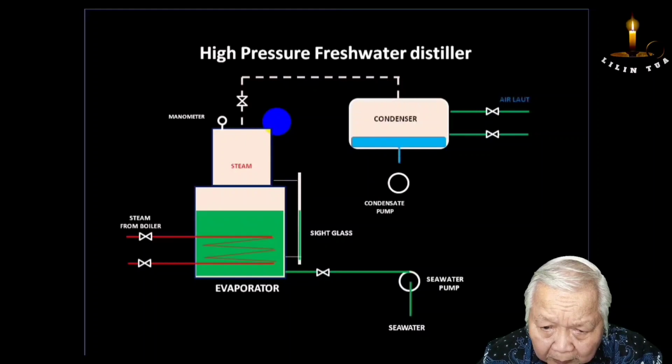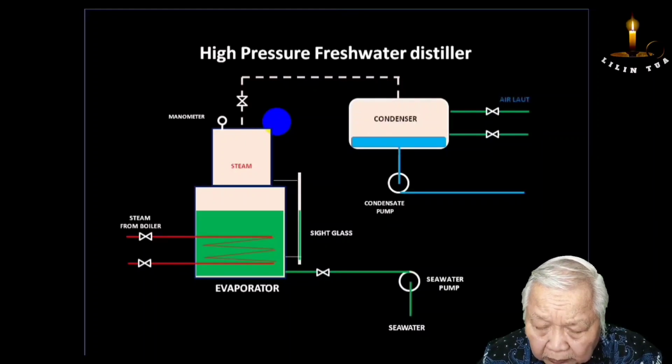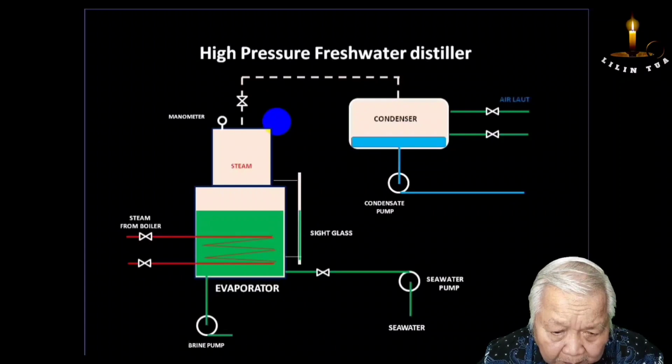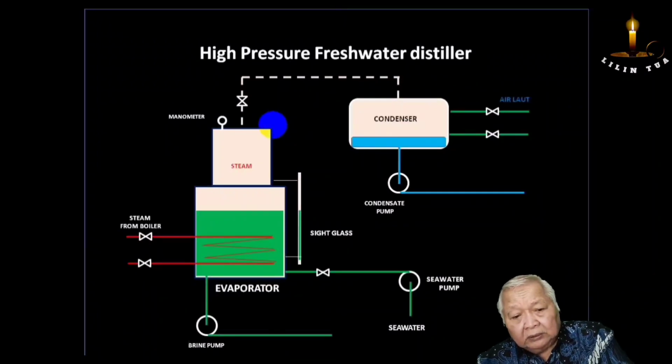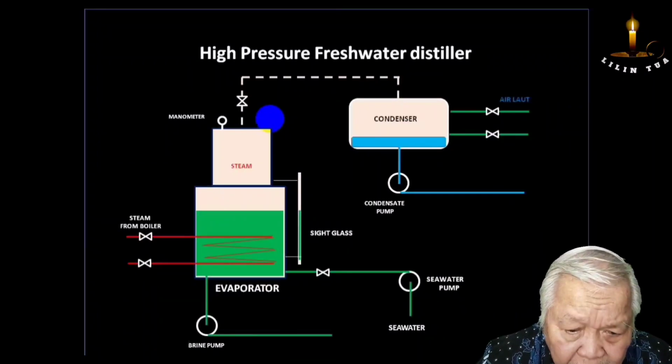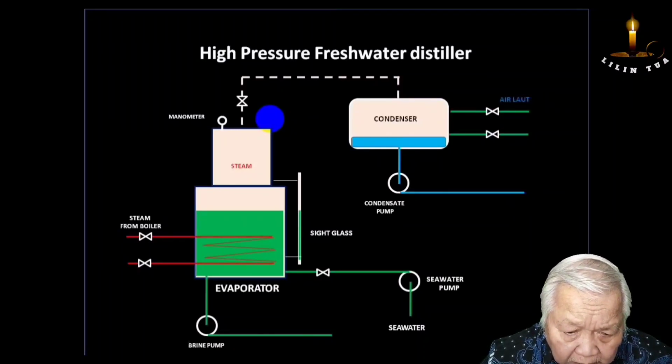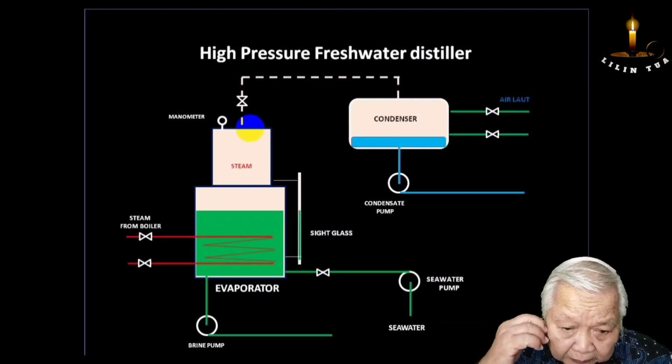By the condensate pump, this condensate water flows to the freshwater tank. And then to keep the percentage of salt constant, a brine pump is installed for circulating the seawater in the evaporator.